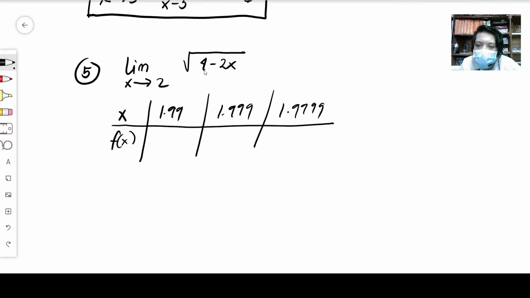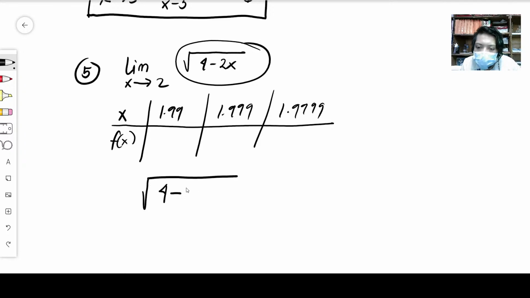Actually, we don't even need to solve. Let us focus on this function right here, the square root of 4 minus 2x. If the value of your x is less than 2, for example 1.99, 1.999, 1.9999, basta not equal to 2, less than 2, the function will eventually have an imaginary value.